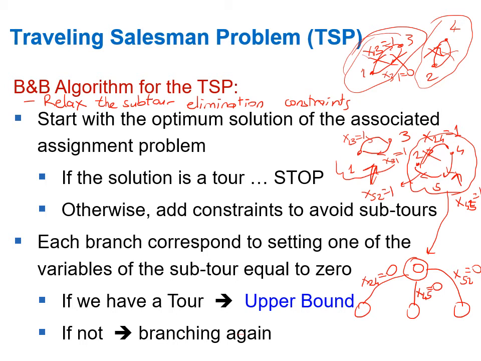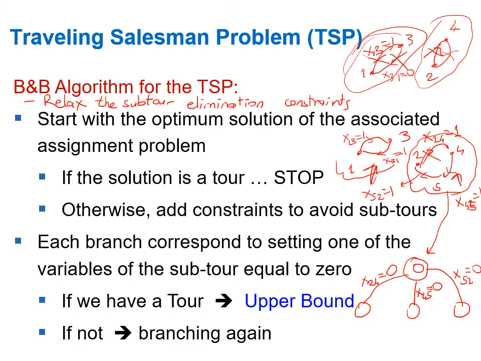The idea is we first relax the subtour elimination constraints. Then when we solve the relaxed problem, if there is a subtour, we write all the necessary constraints to eliminate that subtour. If you want to branch on a subtour with 3 cities, then you need to branch it into 3, not 2.